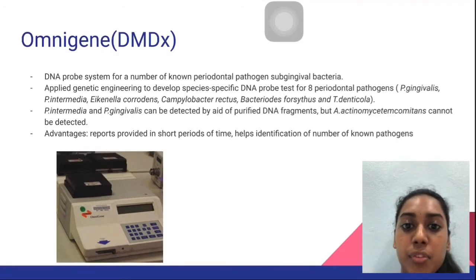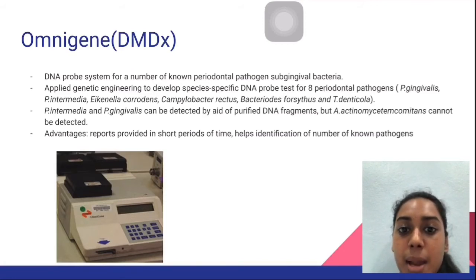Omnigene test is a DNA probe system for a number of periodontal pathogens, which are subgingival bacteria. It applies genetic engineering to develop species-specific DNA probe tests for 8 periodontal pathogens, for example, P. gingivalis, P. intermedia, Eikenella corrodens, Campylobacter rectus, Bacteroides forsythus, and T. denticola.